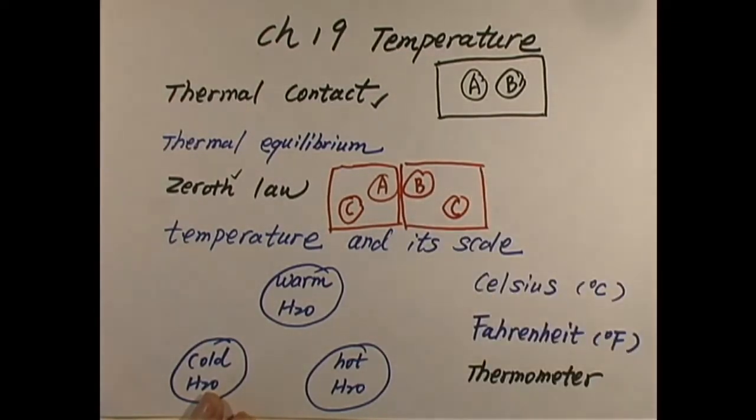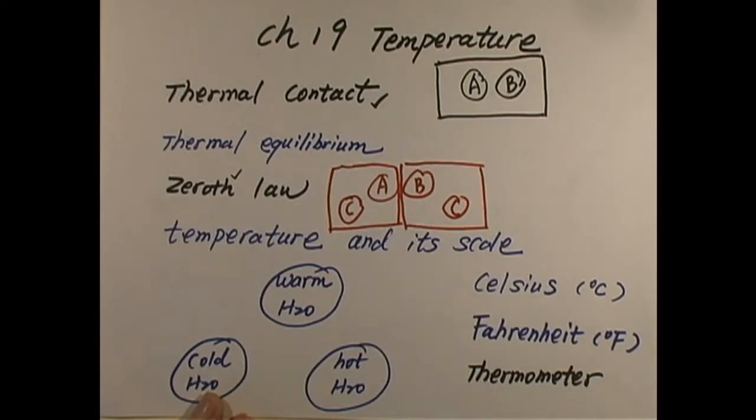Which means if A and C have the same temperature and B and C have the same temperature, then A and B have the same temperature. That is very obvious. It's a little bit funny. Anyway, this is called the Zeroth law of thermodynamics. So we have defined thermal contact, thermal equilibrium, and the Zeroth law of thermodynamics.